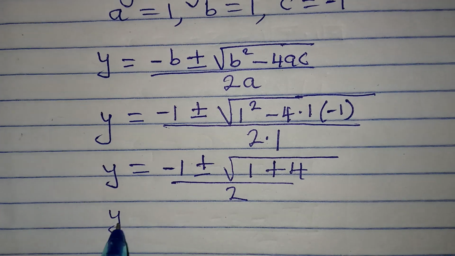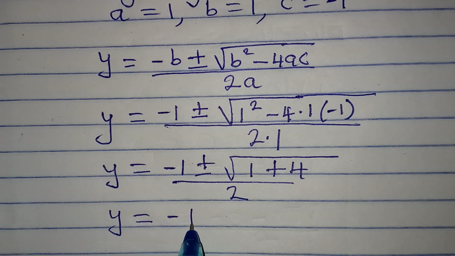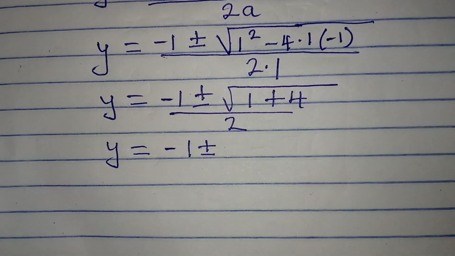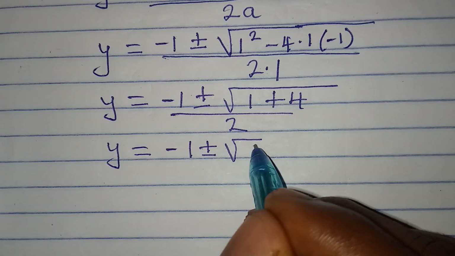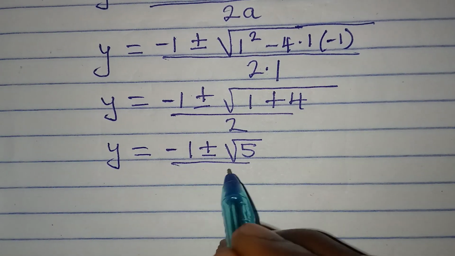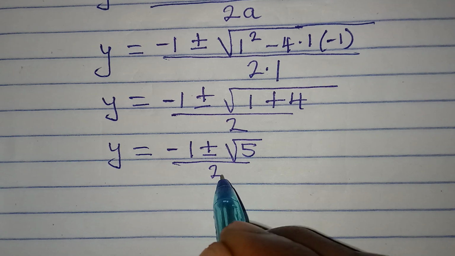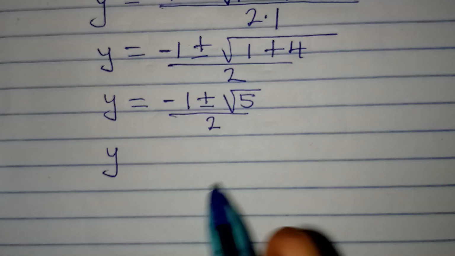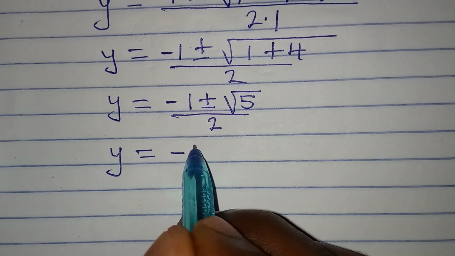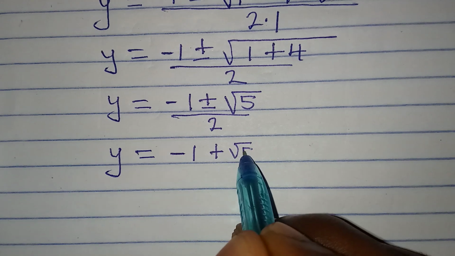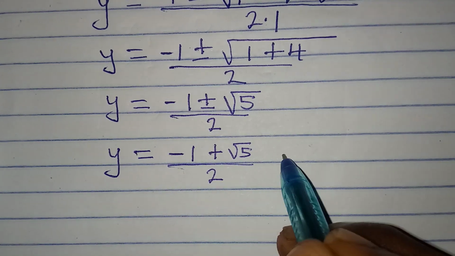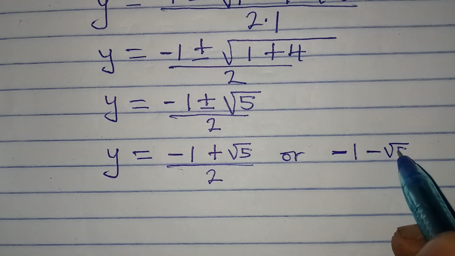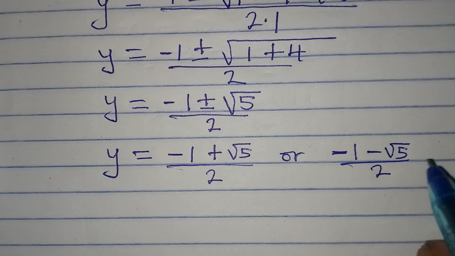Now take a step further. y will be equal to minus 1, positive or negative, square root of 5, and the whole of this is divided by 2. Then if you continue, this means that y is equal to minus 1 plus square root of 5 over 2, or minus 1 minus square root of 5 over 2.